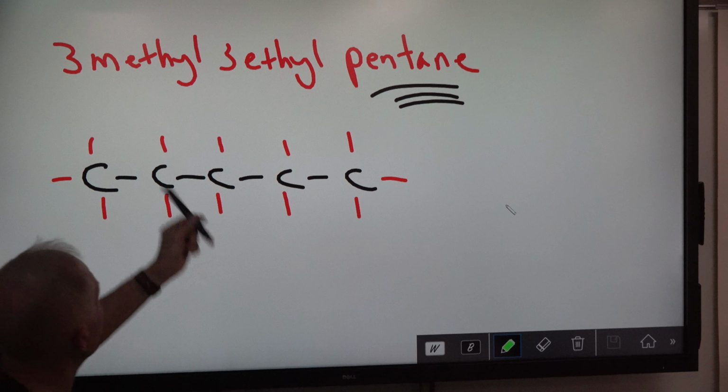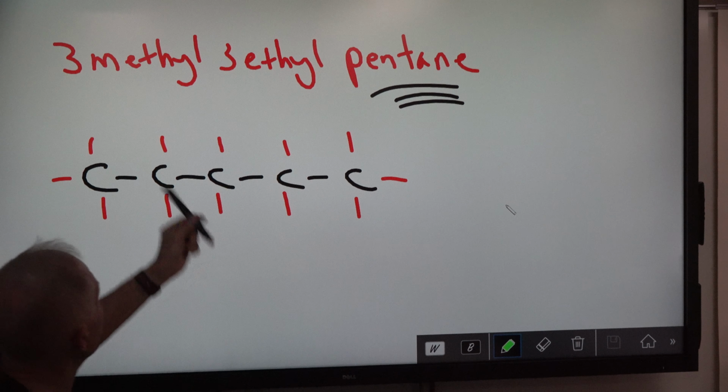So octane, you ready for this? Has 18 isomers. Now I'm going to break it down and tell you how many there are with each trunk.